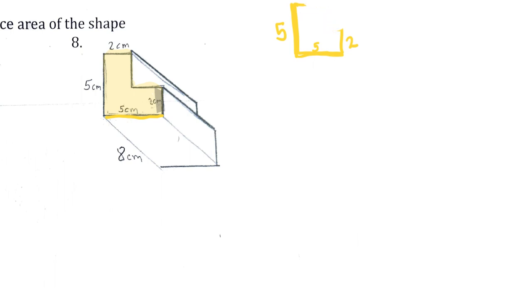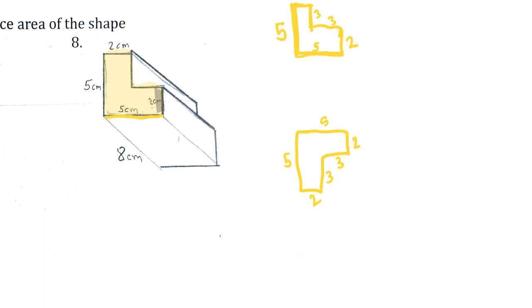Okay, so let's draw that out. We've got the 2 and the 3 and the 3. So that is our base. In fact, it's our base on the top and the bottom. 5, 5, 2, 2, 3, 3.